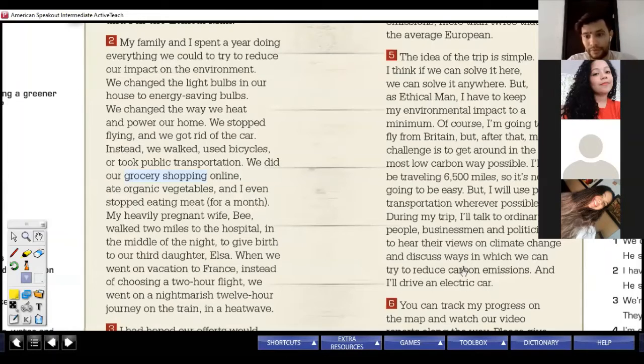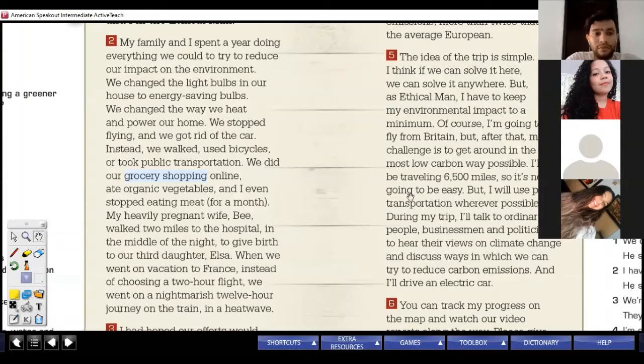My family and I spent a year doing everything we could to try to reduce our impact on the environment. We changed the light bulbs in our house to energy-saving bulbs. We changed the way we heat and power our home.